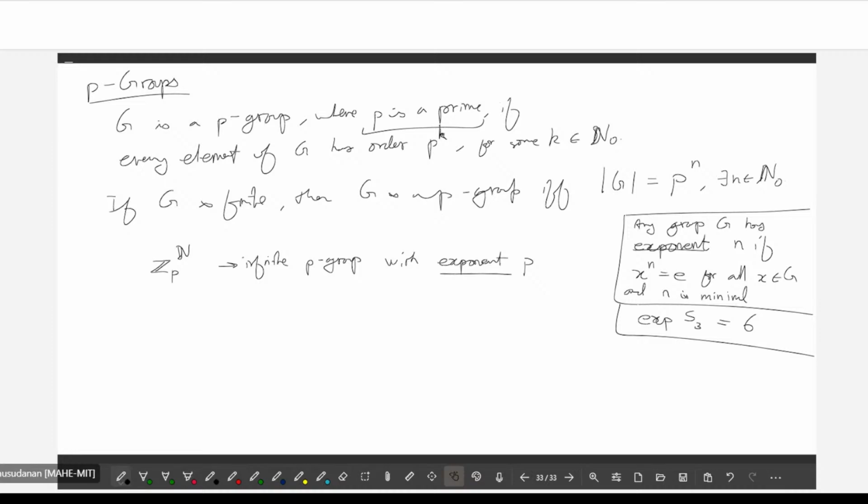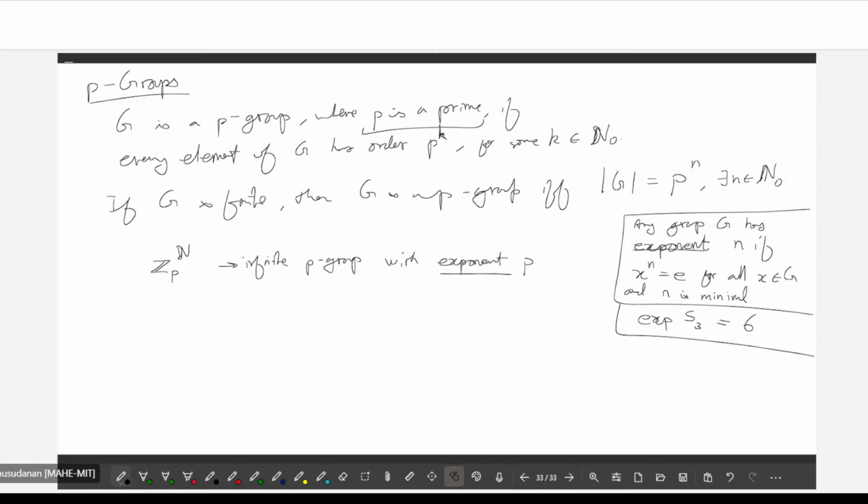Generally in Z2 power n, or ZP power some finite n, or Zn power m, Zn power m will have exponent n, because Zn has exponent n. When you take power m, that is a direct product, it will be the same. But an infinite group also can have a finite exponent, as this demonstrates. Now I want an example of an infinite group without an exponent.